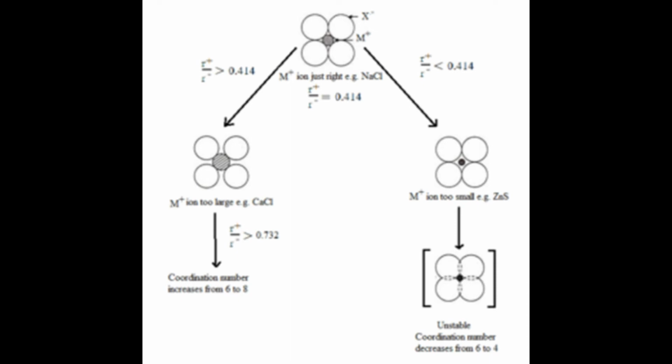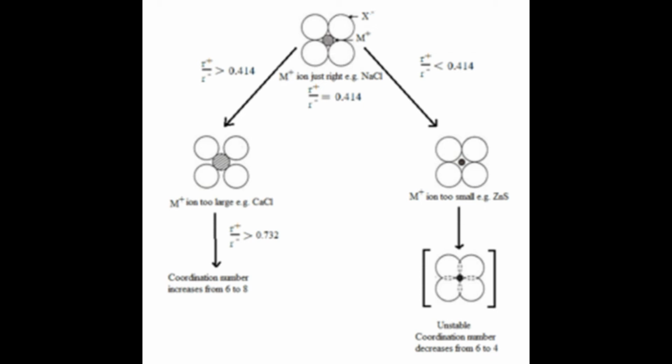So if the radius ratio increases to a value more than 0.732, its coordination number will become 8. So the coordination number is increasing. Now see the other possibility. If we decrease the size of the cation, then the void remains unsuitable for that cation. That arrangement remains not fair from the stability point of view.